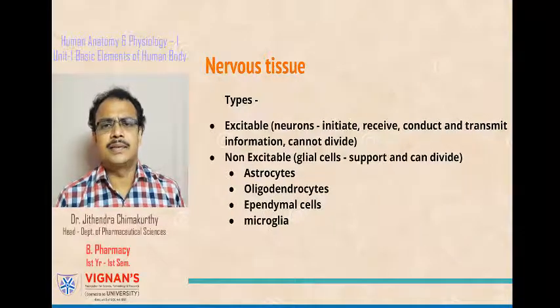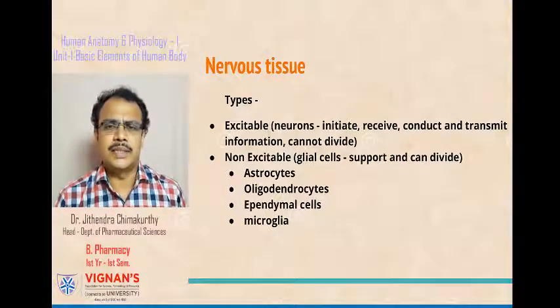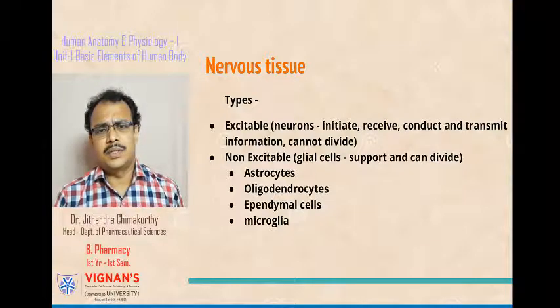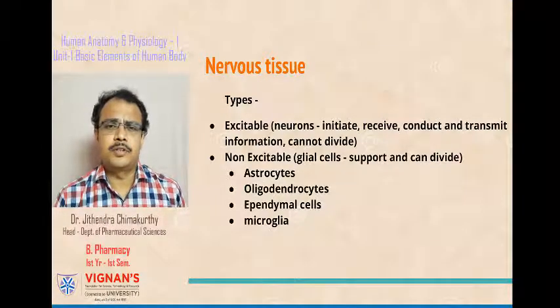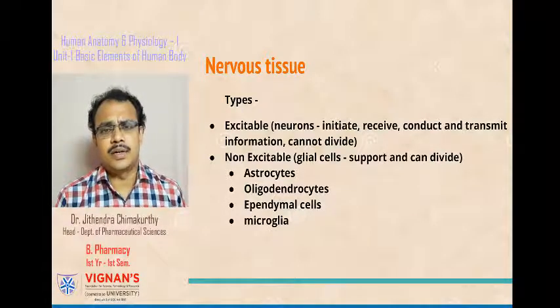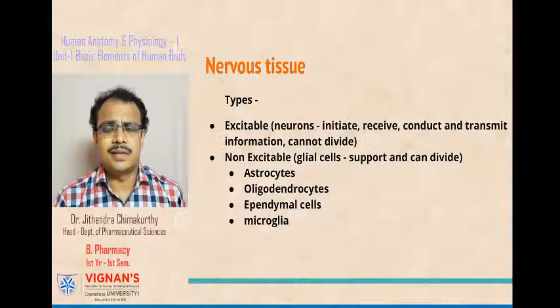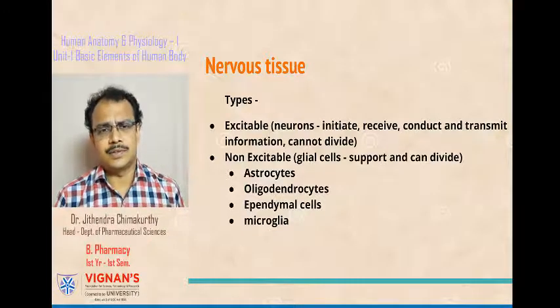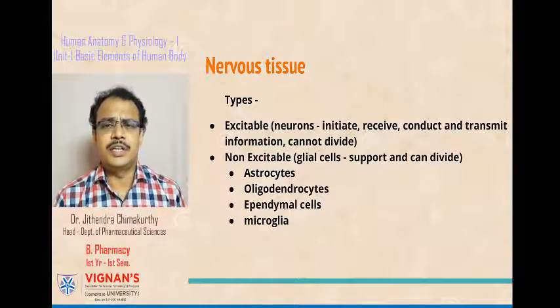Now, let's see the other type of tissue, that is nervous tissue. Nervous tissue consists of two categories of cells, which can be called excitable cells and non-excitable cells. Under excitable cells, we will be studying neurons.